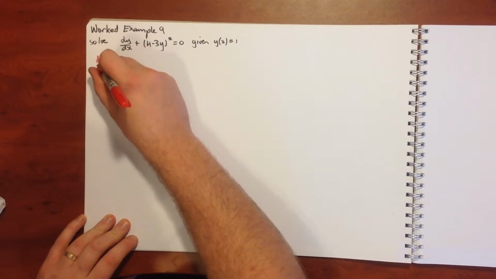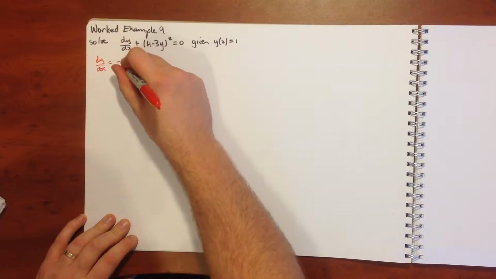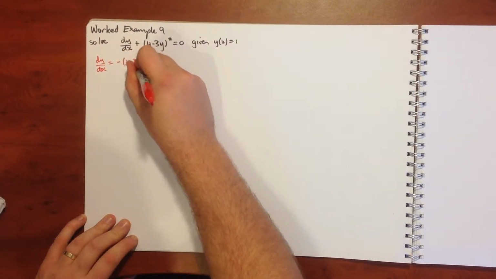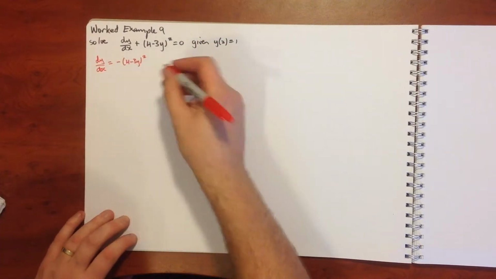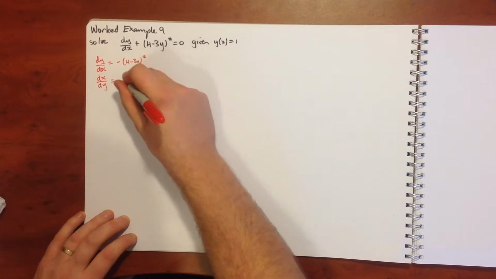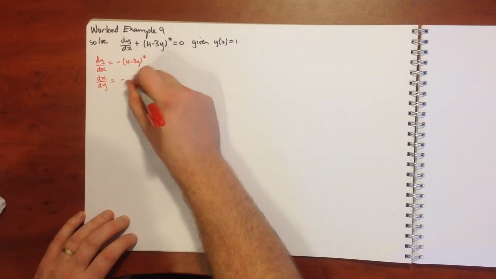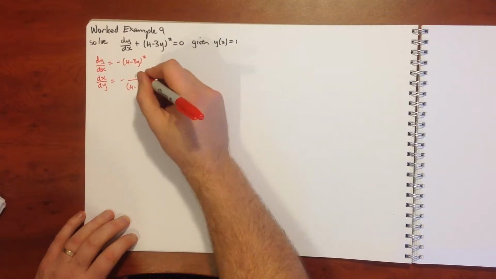So our dy/dx is going to equal minus (4 minus 3y squared), which means we again flip it, dx/dy, meaning that we've got negative 1 over 4 minus 3y squared.